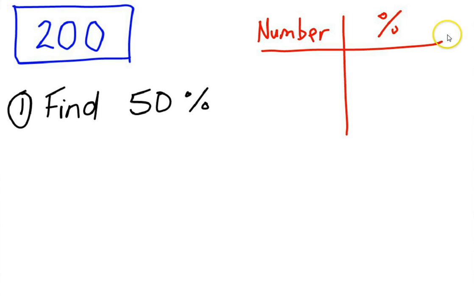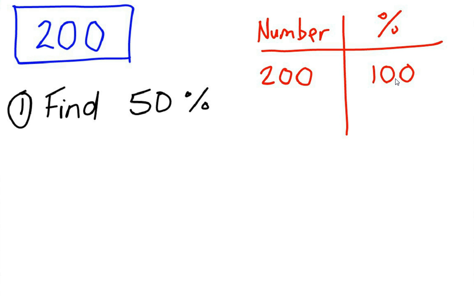The number you're given, in this case 200, is always going to go here. So I'm going to write 200 where it says number. It doesn't matter what percentage it asks you to find, the number you're given will always be 100%. So we're going to write 100 under the percent.